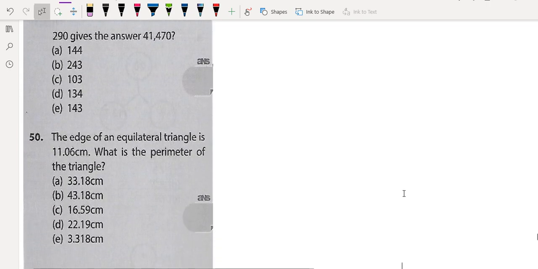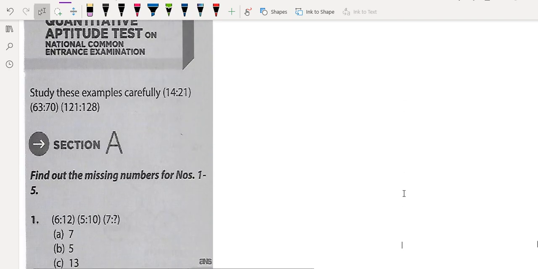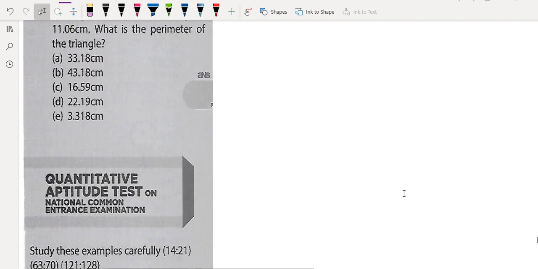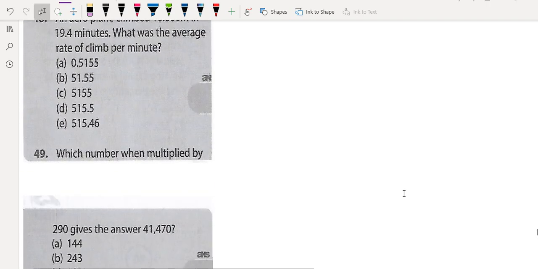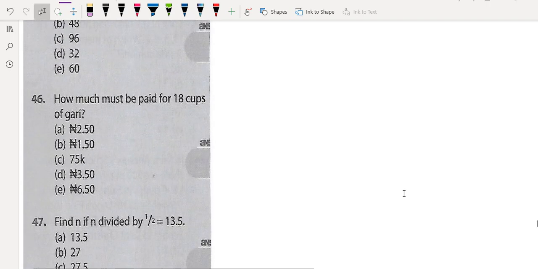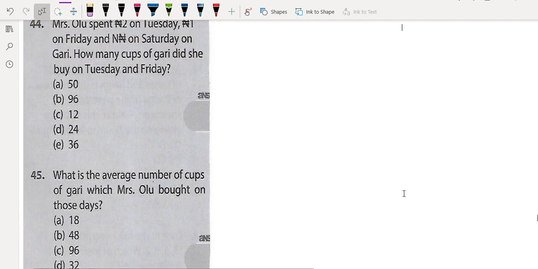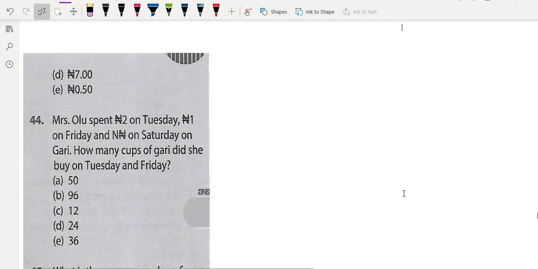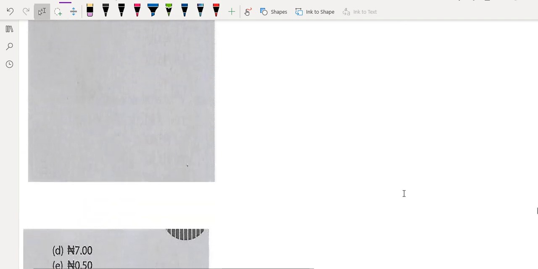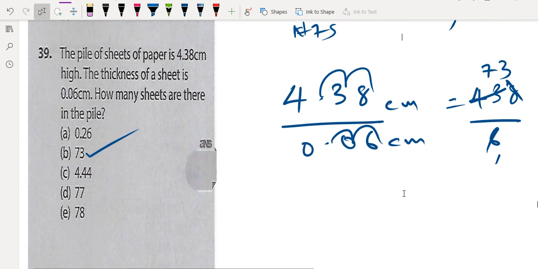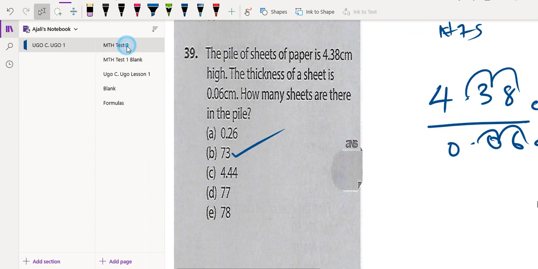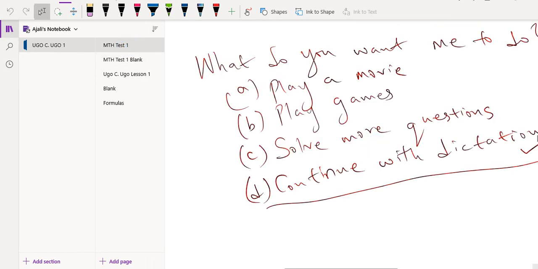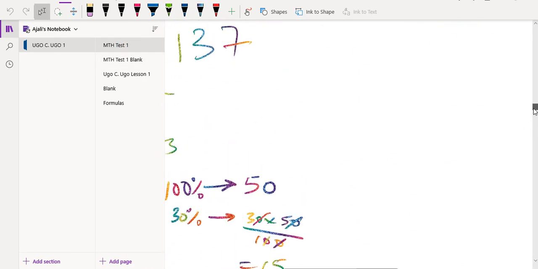It's like we deleted it in the process. You said it for 44. We stopped at number 39. Let me check if it's in any of these ones. I don't think there's anything here.